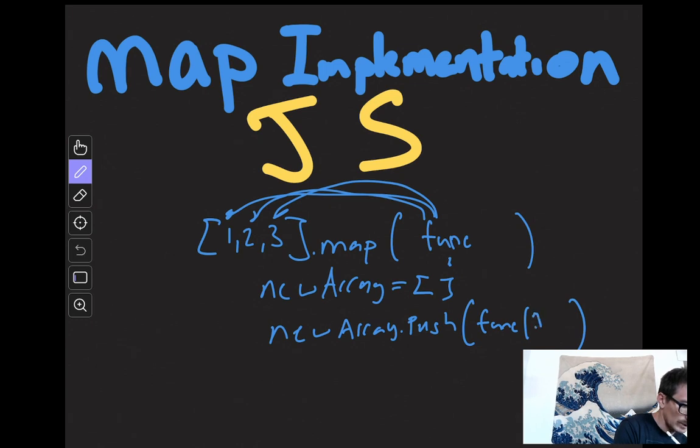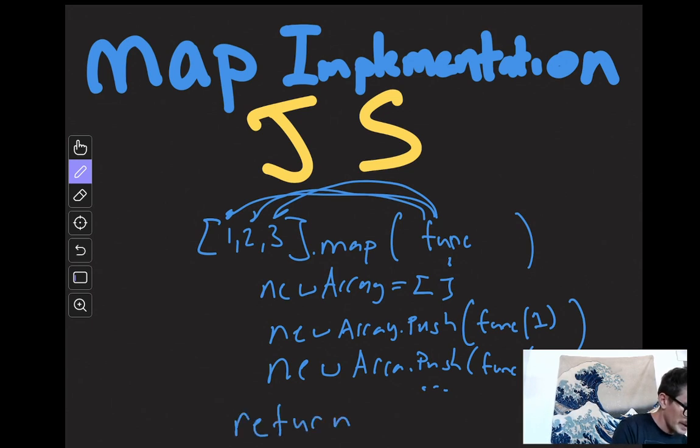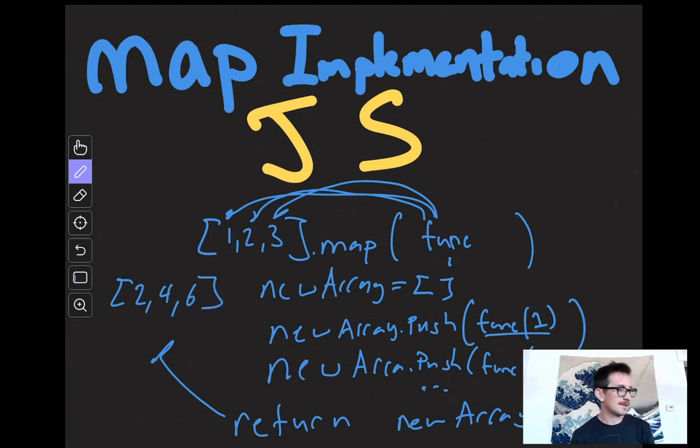In this case, it'd be the function at 1, and then we do this for 2, new array dot push, function at 2, and so forth. Once we've iterated all of these things, the map finally returns the new array. If this function doubled a number, our new array would be 2, 4, and 6. So that's the game plan for implementing this and what map does.